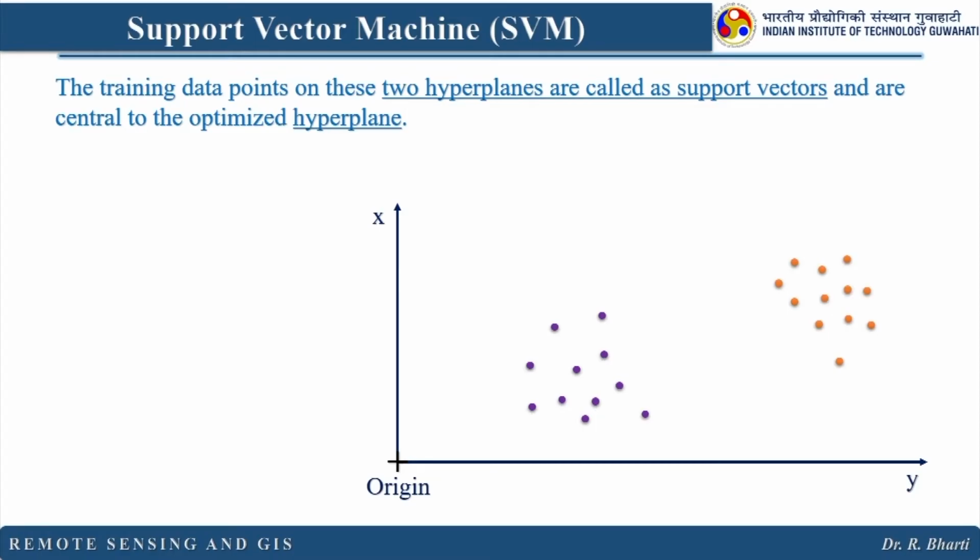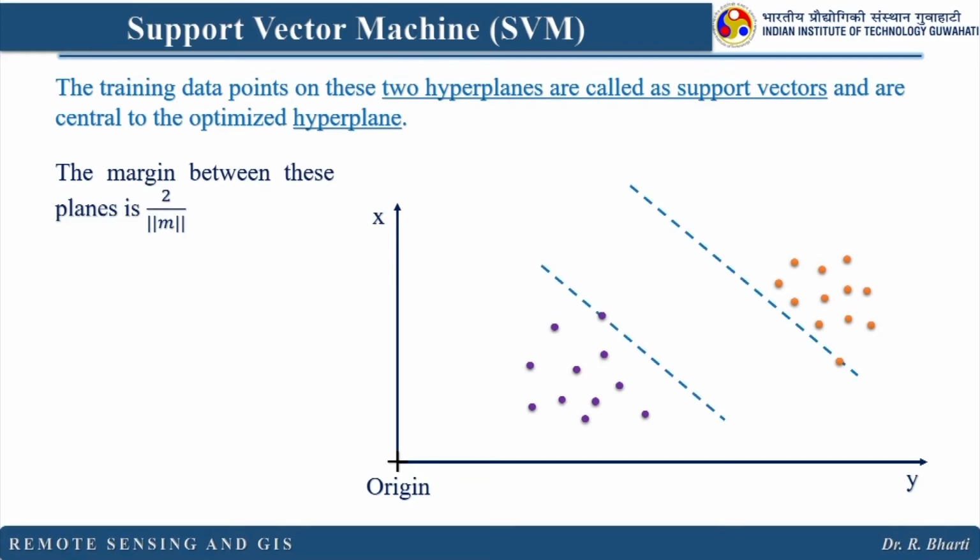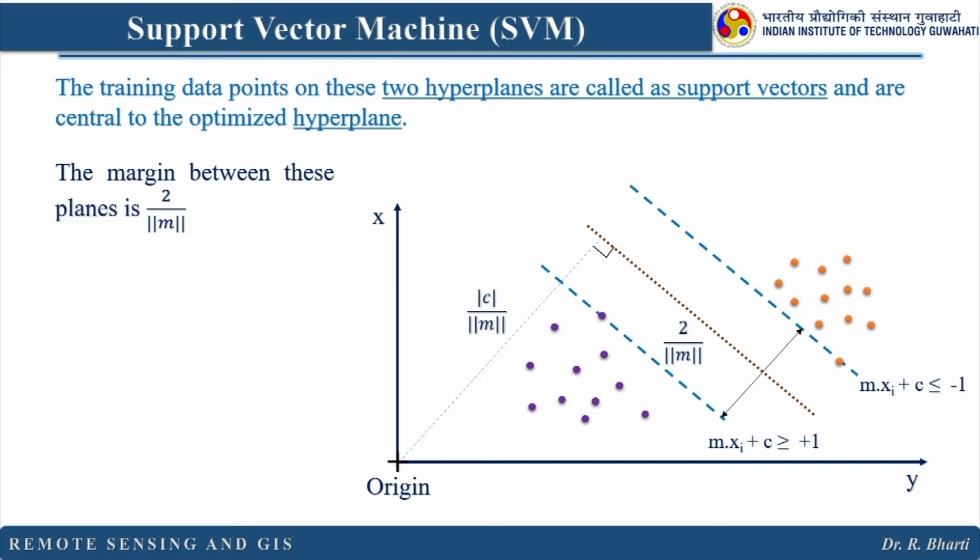Let us see this example here. Assuming we have two very distinct types of classes in the input data, it is very easy to draw a line here because both classes are separated with some distance. Now the margin between these planes is 2 by norm m. This is what we are trying to draw, and the hyperplane will be in the center.